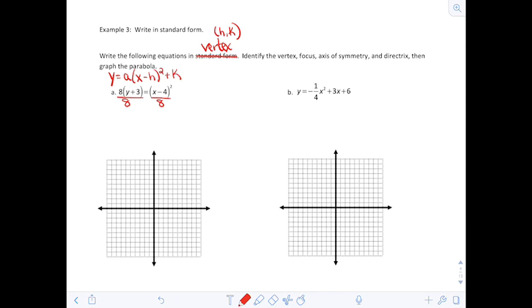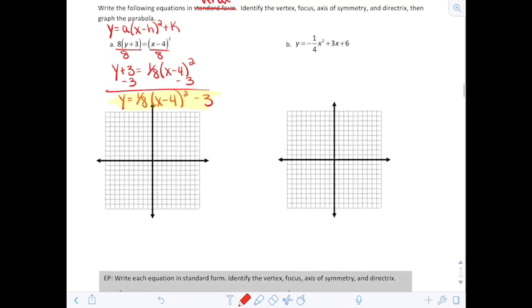And I don't want to go in and divide the x and the 4 by 8. So what I do is I leave this as 1/8 out front of x minus 4 squared. And then I'm going to subtract 3. So vertex form would be y equals 1/8 times x minus 4 all squared minus 3. And this is my vertex form, or my standard form.